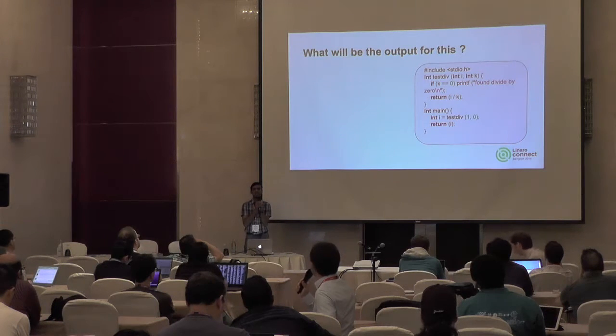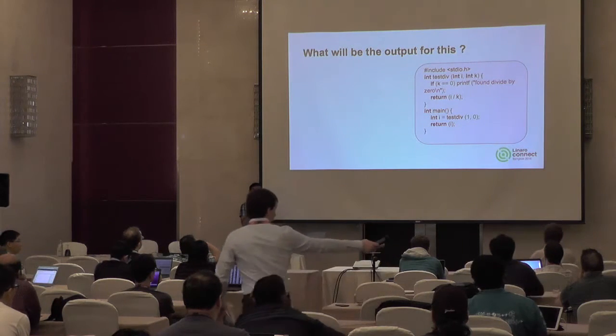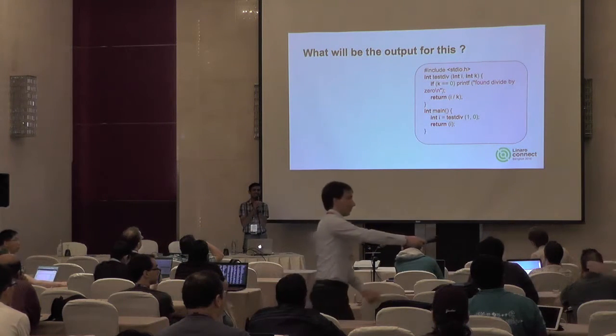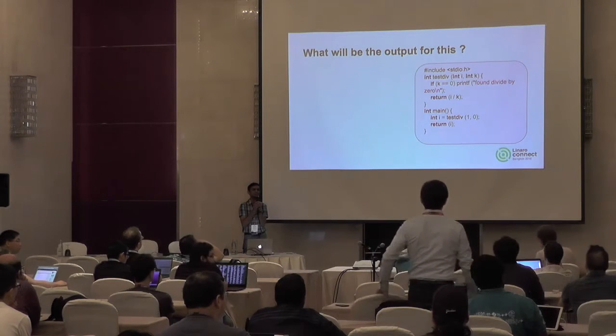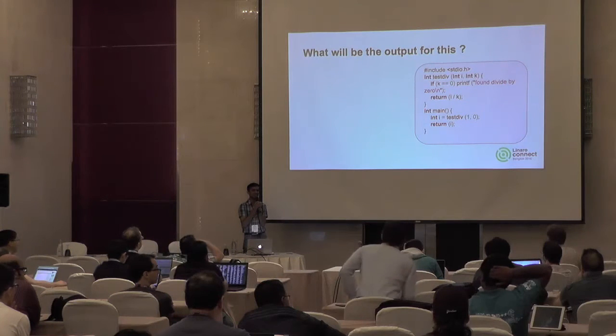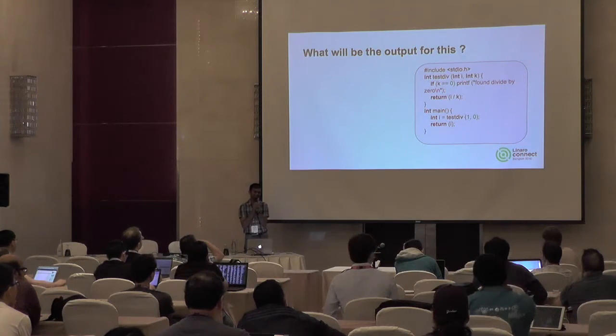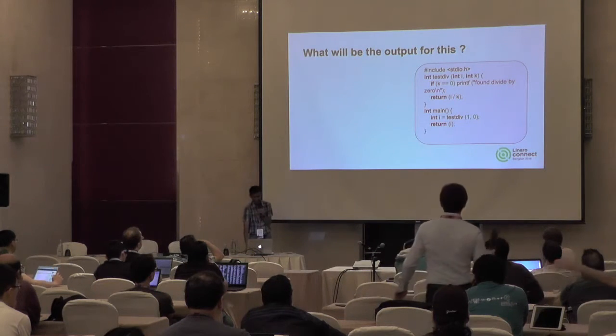So what will be the output? That's the classic case: the compiler assumes that since k is divided by, k cannot be 0, so it just removes the test. Yeah, that's exactly what was happening.